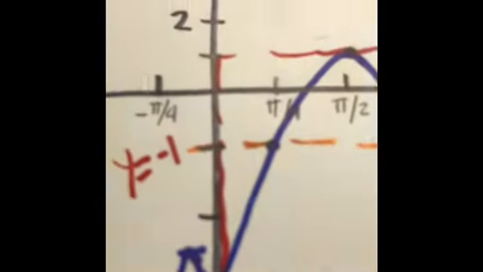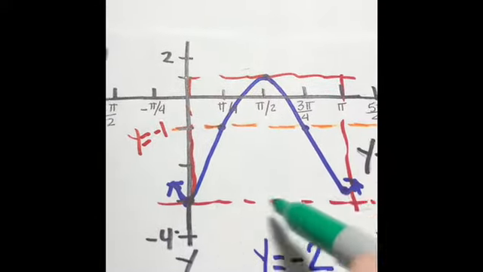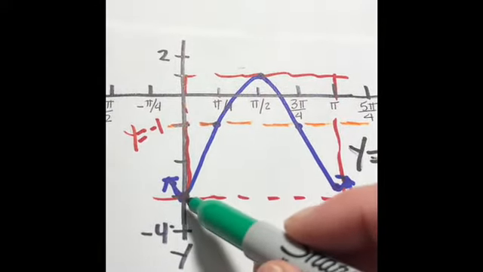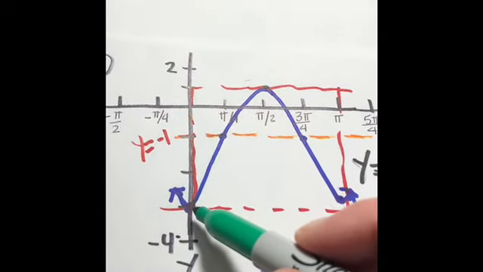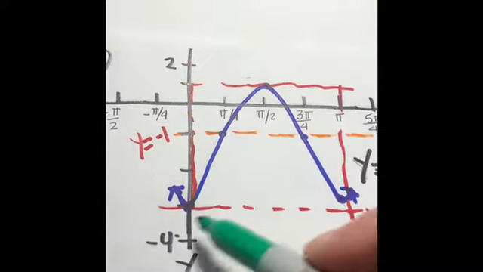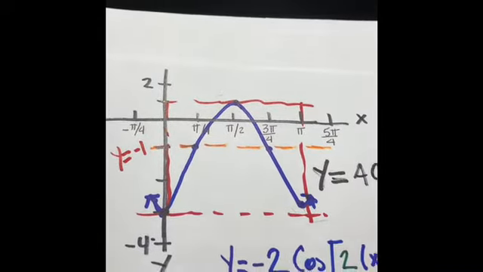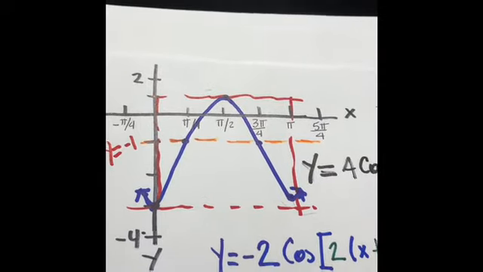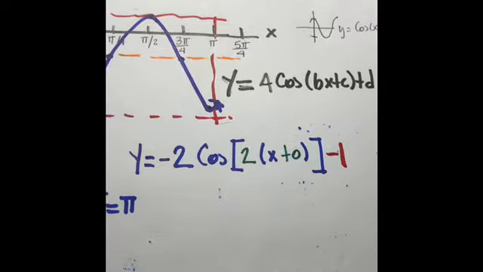In this case, the graph is also beginning, even if it's reflected, its horizontal extension is beginning at the y-axis. So this means that this graph has no shift in the horizontal direction. It has no horizontal movement, no phase shift, okay? So how will I express that? As a plus 0. Okay, that is going to be expressed as a plus 0 in my equation.